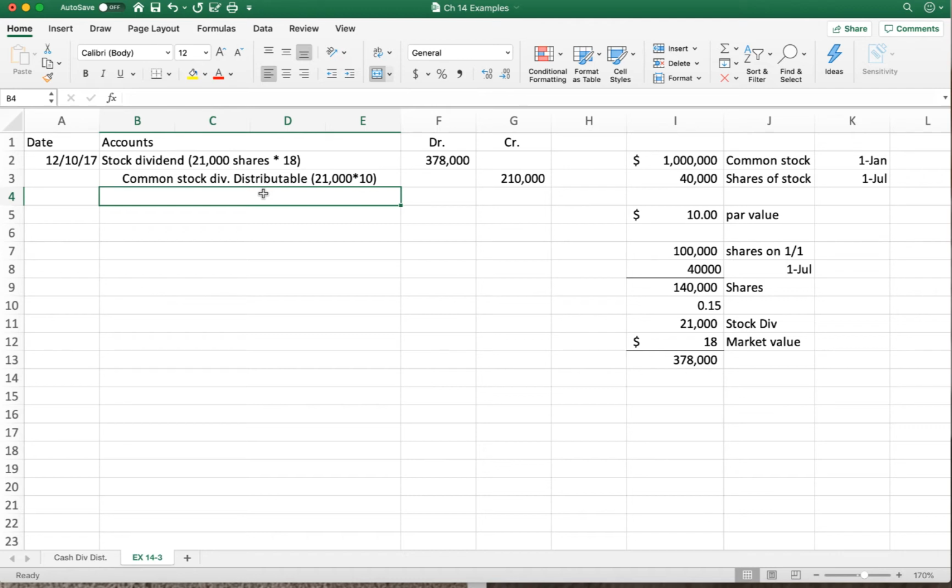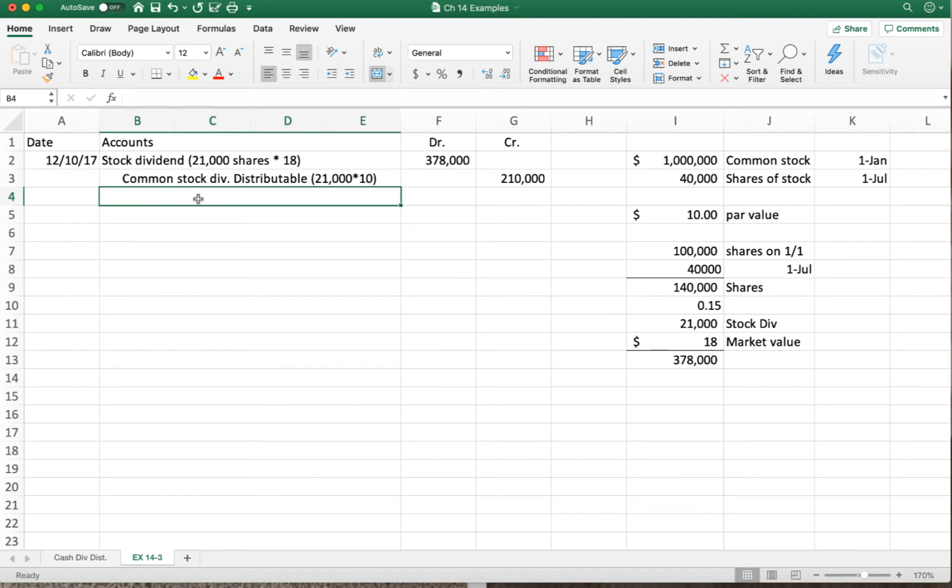We have a difference, right? Debits and credits don't equal, so we need another credit. Well, we already know that since we're booking it at the market value, $18, the common stock dividend distributable was recorded at the par value.